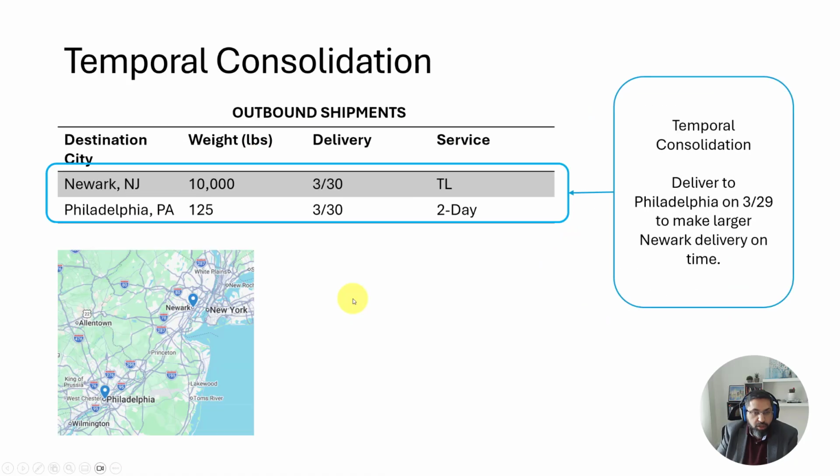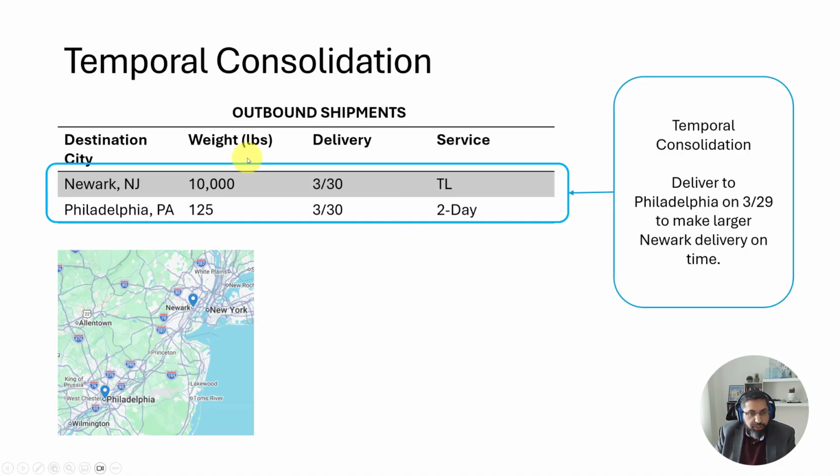So that's inbound, outbound consolidation. It's really powerful. And then the last one is temporal consolidation. Here we have two shipments that are supposed to go to Newark and Philadelphia, which are two cities pretty close to each other, about a couple hours away. Because the Newark shipment is bigger, 10,000 pounds, and has to be delivered on 30th of March, the customer there might say, I can't take this huge shipment early.